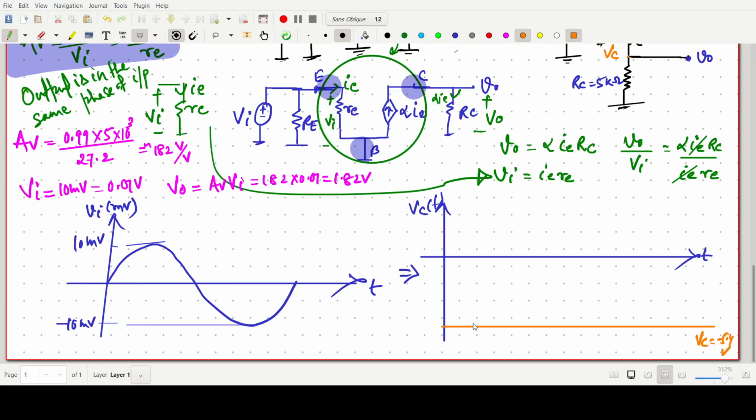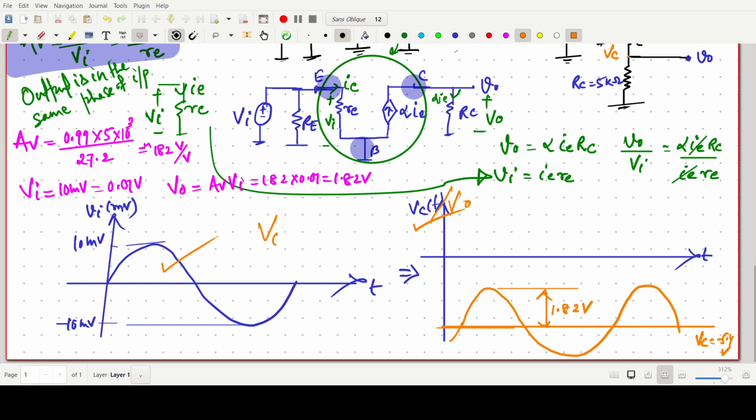Now the graph will be like this, where this height will be 1.82 volt, and this point is our already found VC. So this will be the output waveform for the collector side voltage, sometimes called Vo.